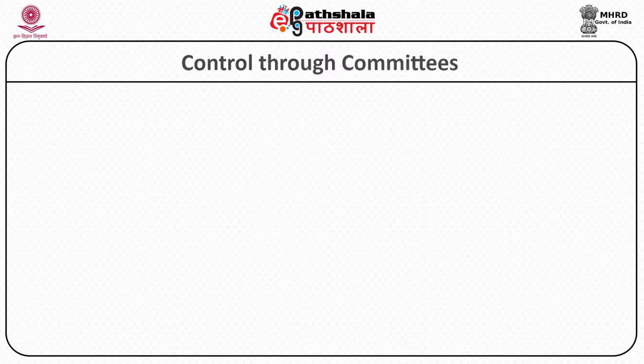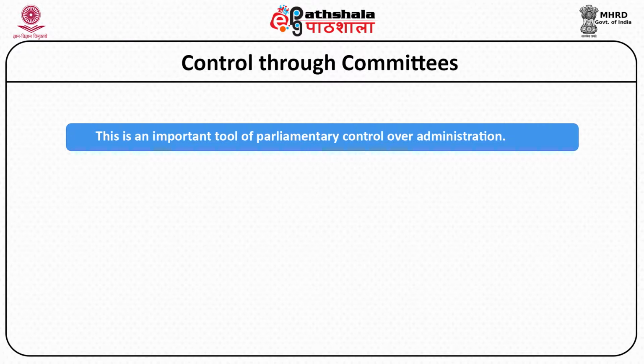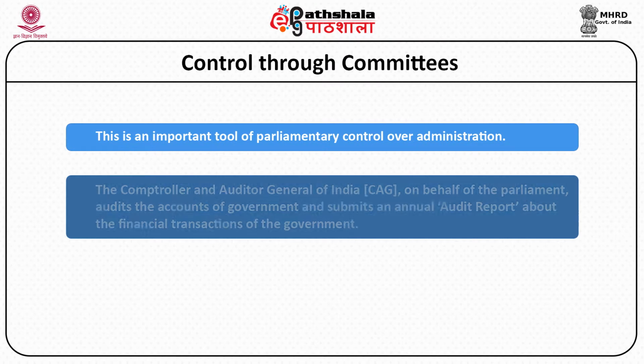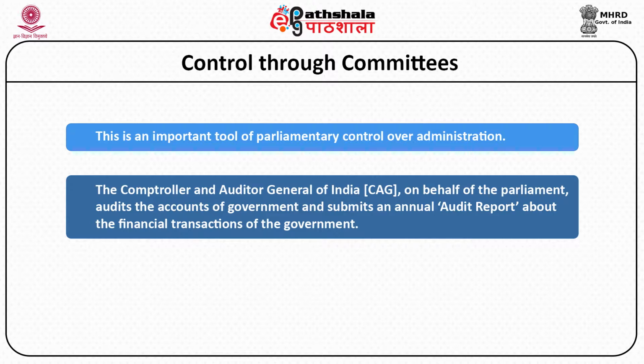And the third mode of control exercised by the Parliament over the administration is the audit system and control through the committees. This is an important tool of parliamentary control over administration. For this, the Comptroller and Auditor General is appointed, and the CAG on behalf of the Parliament audits the accounts of the government and submits the annual report, known as the audit report, about the financial transactions of the government.